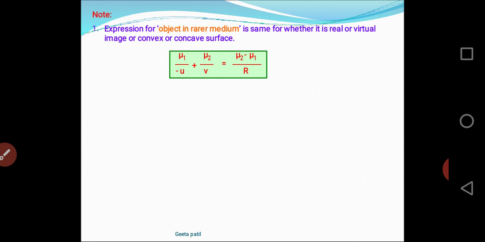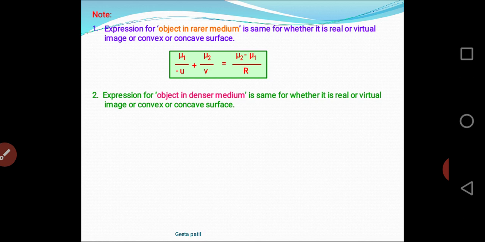That is, mu1 by minus u plus mu2 by v is equal to mu2 minus mu1 by R. The equation should be the same. The expression for an object in denser medium is also the same whether it is a real or virtual image, or a convex or concave surface. This means when the object is placed in denser medium, the equation is written as mu2 by minus u plus mu1 by v is equal to mu1 minus mu2 by R.